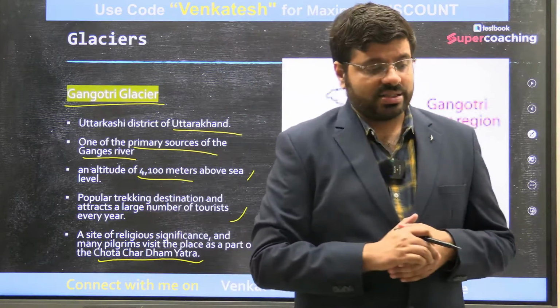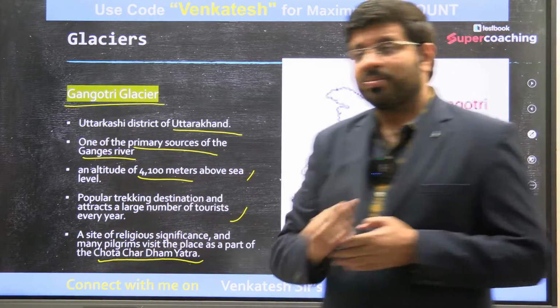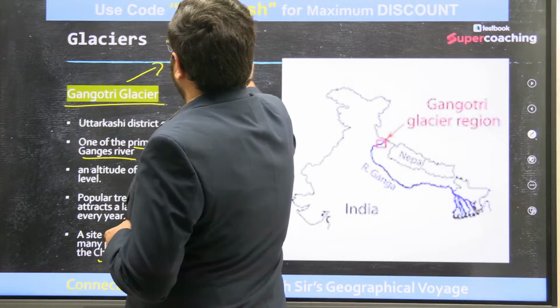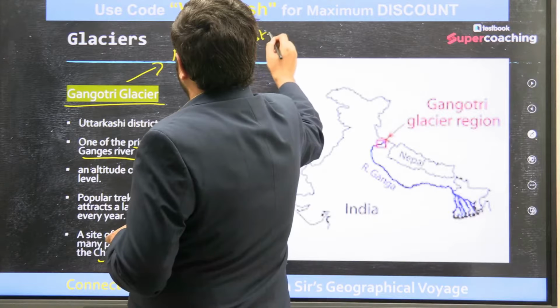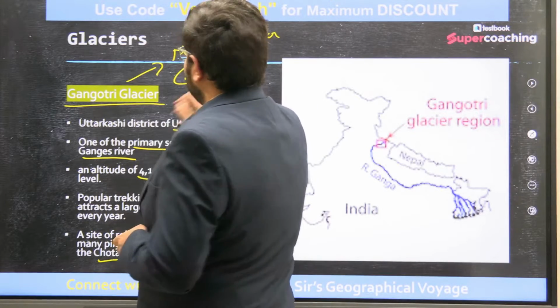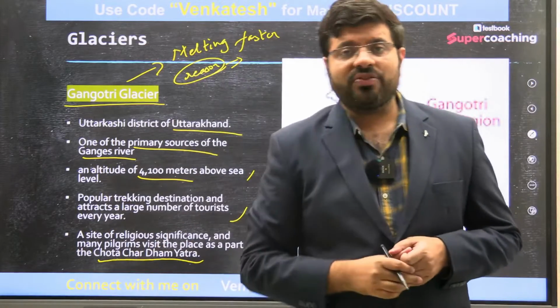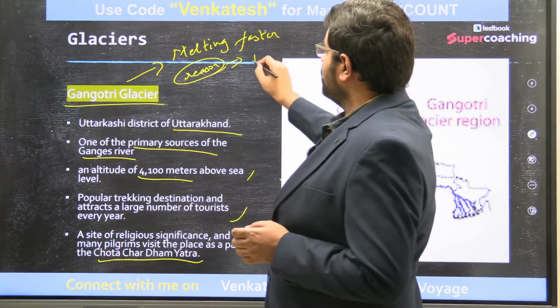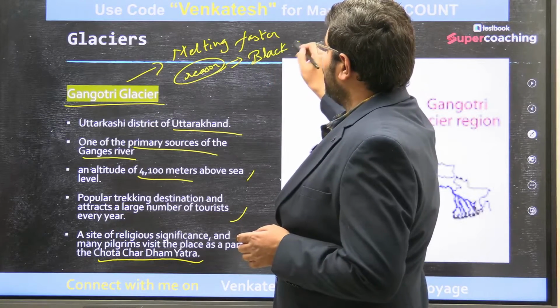Recently, Gangotri Glacier is in news for what? Anyone? Its melting rate is increasing, melting faster. You know what is the reason? What is the reason for melting of the glacier of Gangotri? Accumulation of black carbon.